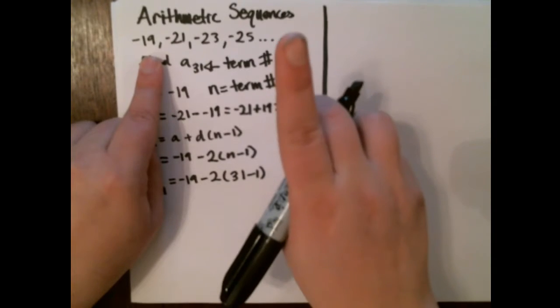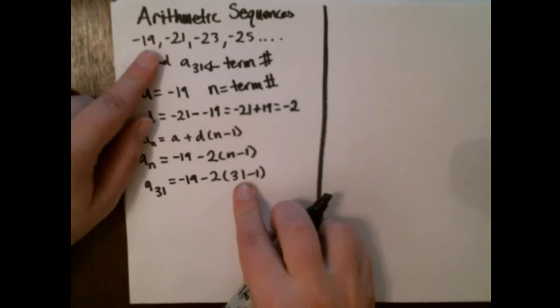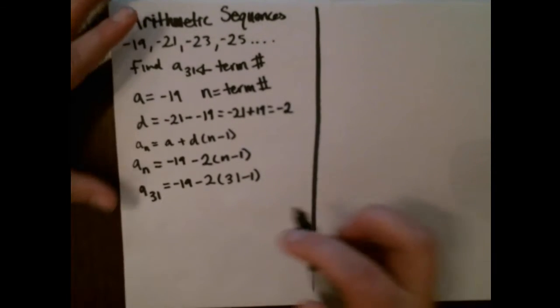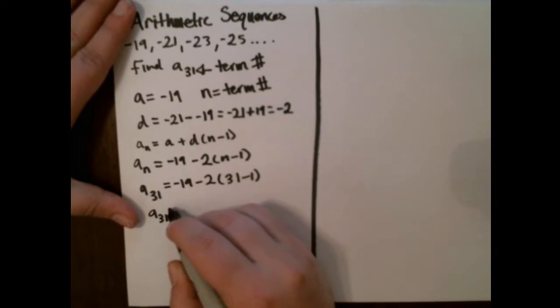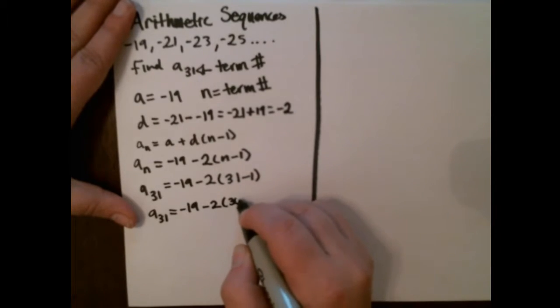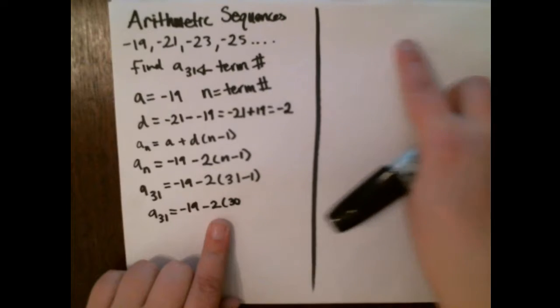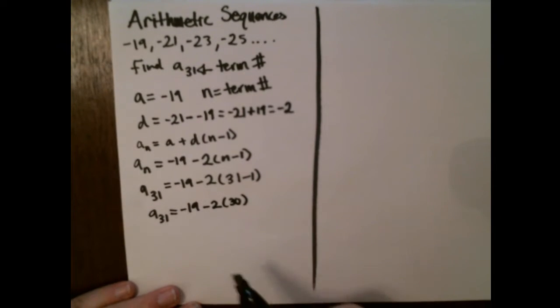But instead of 31 times, it's actually going to be 30 because the first term we didn't subtract 2 from. If you need to, you can rewind and listen to that again. So A31 equals my first term minus 2 times 30, because we're going to subtract 2 30 times to figure out this term. Oh, forgot to close my parentheses.